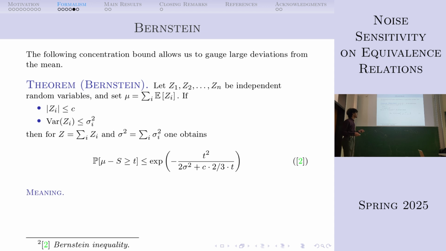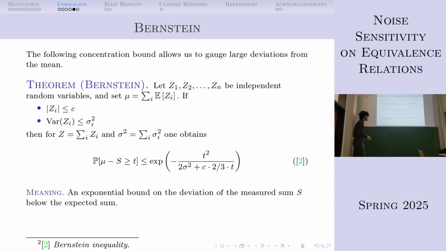Then we obtain an exponential bound on the deviation of the measured sum. And that's very good because with each step you have this exponential decay, so to say.